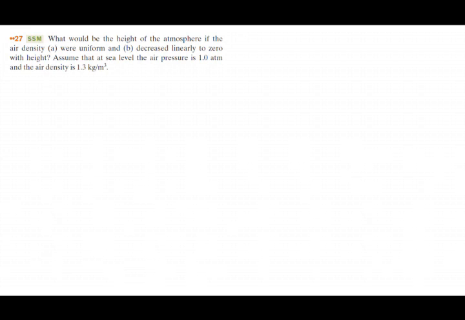But now this problem sets up two different cases, like uniform density and a density with a linear relationship with the height of the atmosphere. So you still have to use the same type of formula.